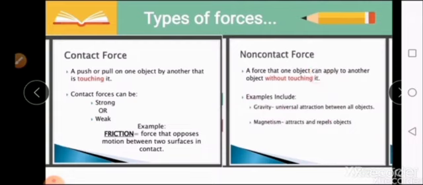There is no need for a magnet to be brought into contact with an iron nail for them to attract. Even if you bring it within the magnetic field, they will attract. It shows that there is no need of any direct contact or touch between the two bodies for a force to exist. Such forces you call non-contact forces. So these are the two examples given here: gravitational force and magnetism.